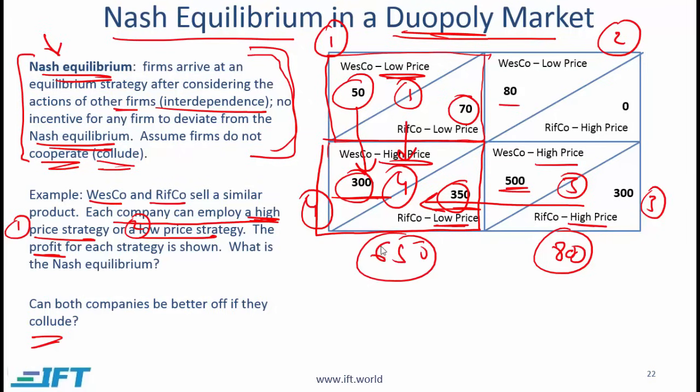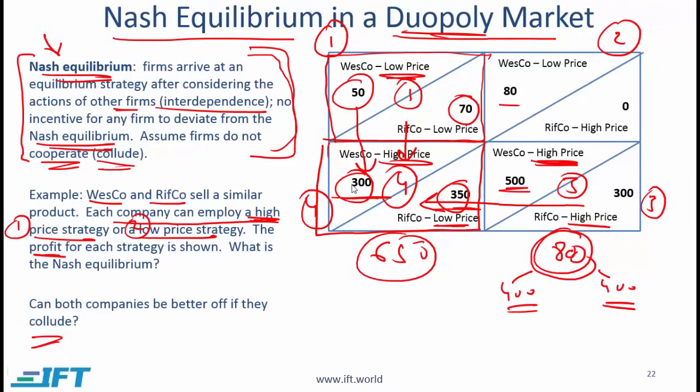Now if Wesco and Rifco decide to collude, how would they be better off? Wesco and Rifco could decide to both set high prices. The total industry profit would then be 800, and if they agree that they split the 800 and Wesco gets 400, Rifco gets 400, note that both companies are better off relative to the Nash equilibrium.